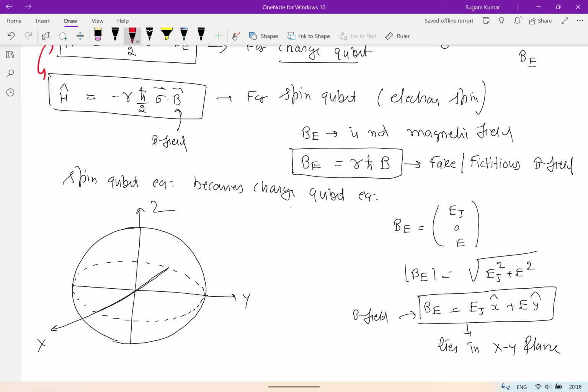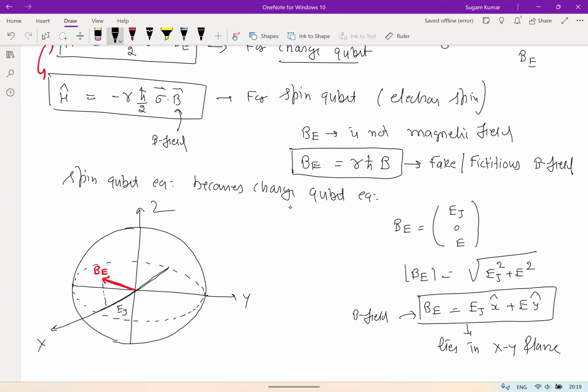And this magnetic field, I can show like this way. This is the B_E. And its component along the x-axis is E_J, and its component along the Z, sorry, I made a mistake.